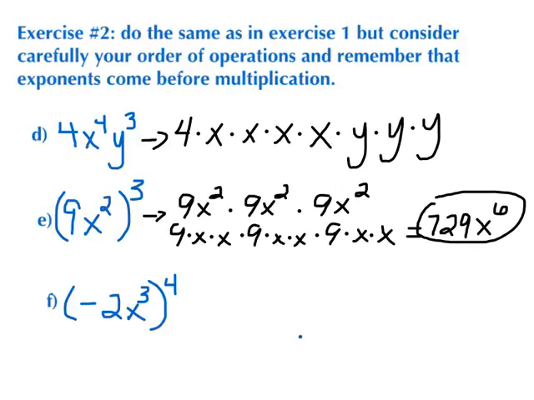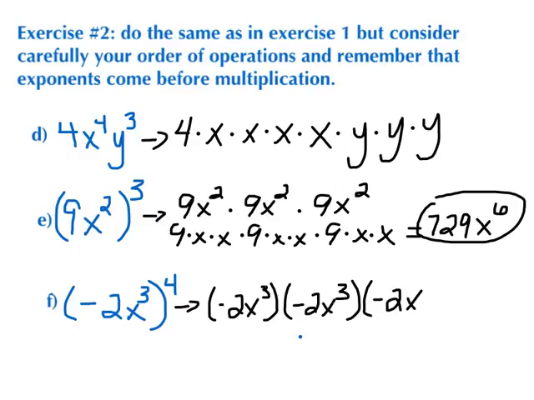Let's go ahead and take a look at F. It says negative 2x to the 3rd, all raised to the 4th power. So I'm going to say negative 2x cubed times negative 2x cubed times negative 2x cubed times negative 2x cubed.